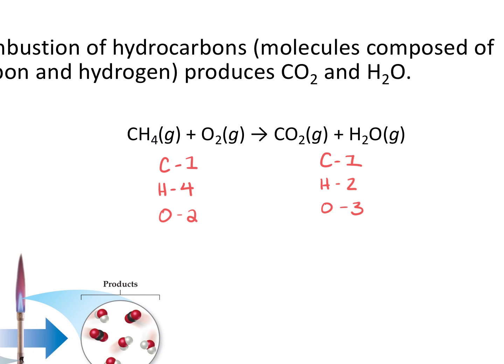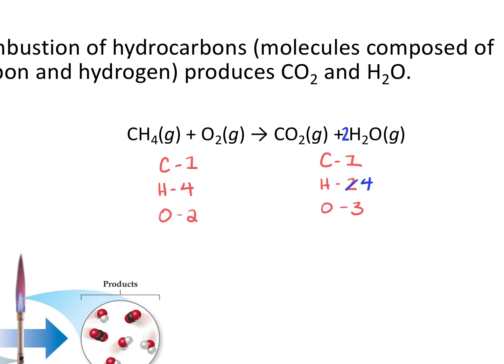So we come over here and I say, okay, I'd go to the side with the fewer hydrogens because that's the side that I'm going to need to use a coefficient at. And I say, okay, what coefficient can I choose that would make this a 4? And so we're going to put a 2 here. When we do that, that makes those hydrogens 4.